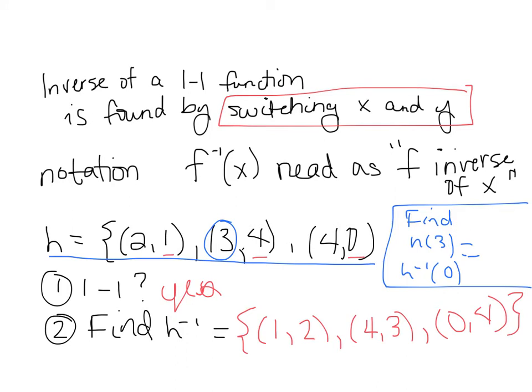What's the y value we get? 4. When we look at the inverse function, h inverse of 0, plug in 0 for x. What's the y value you get? 4. We could have looked at other values. I chose these just so you could get an idea of how you evaluate ordered pairs.